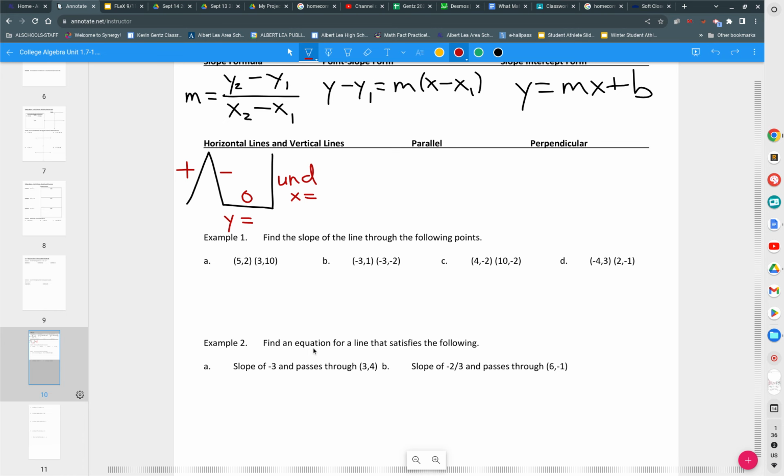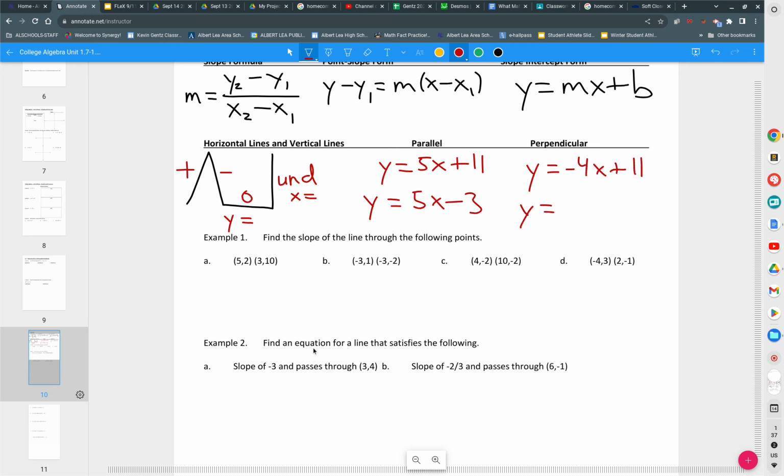Last two pieces before we begin practicing some problems is parallel and perpendicular. What is true about lines that are parallel? They never cross. Good. What else is true about their equations? Same slope. They have the exact same slope. So in that situation, you know those lines are parallel because their slope is the same. What is true about lines' slopes that are perpendicular?